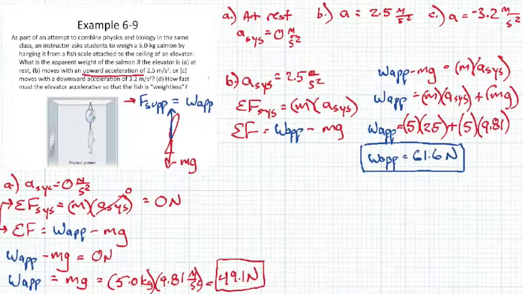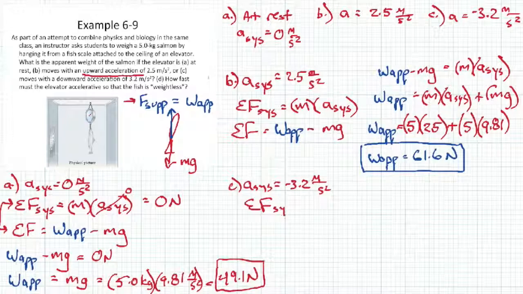All right, now let's see what happens when we have a downwards acceleration. So the acceleration of the system is going to be, in part C, negative 3.2 meters per second squared. So we can say the net force on the system is equal to the mass times the acceleration of the system.